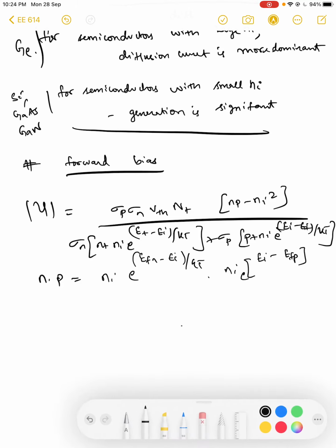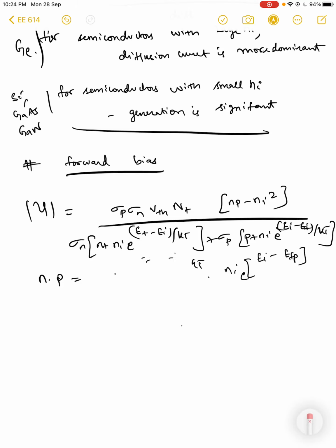Actually, instead of this, the better term would be Nc e power (Efn minus Ec) by kT into Nv e power (Ev minus Efp) by kT.